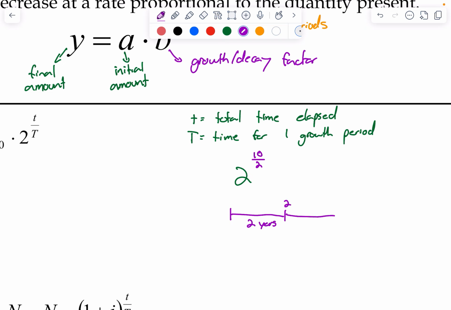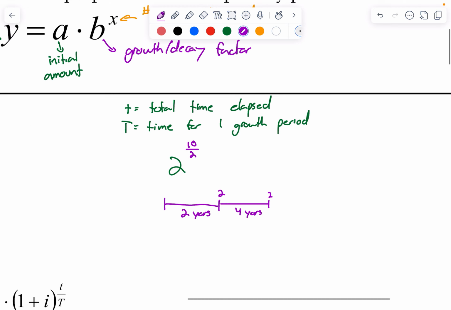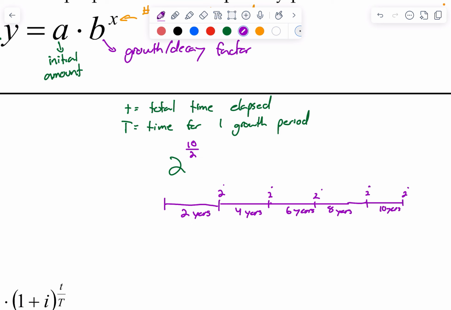And that means another 2 years goes by, so for a total of 4 years for the next one to happen. So how many doublings occur in the span of your 10 years? So let's just keep going. 8 years, 2, for a total of 10 years. Well, you can see that we'd have 1, 2, 3, 4, 5 doublings that happen.